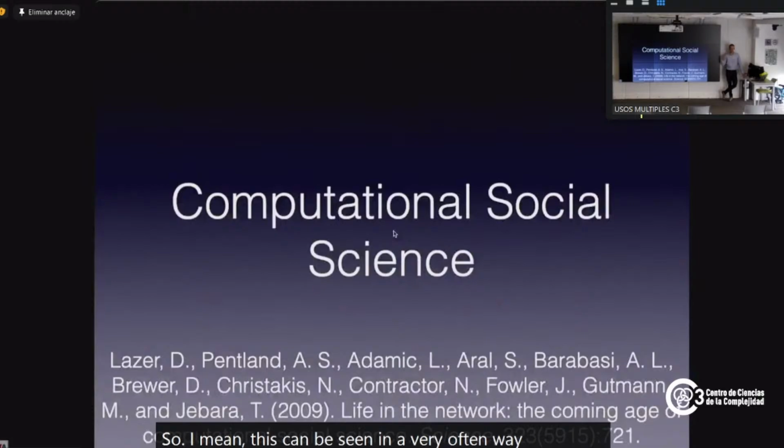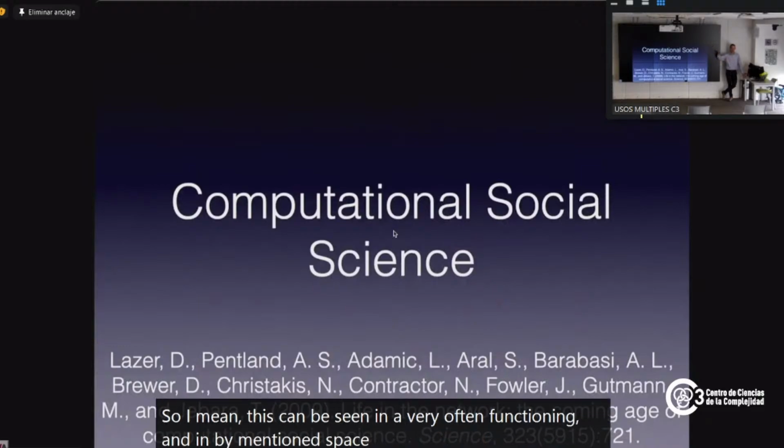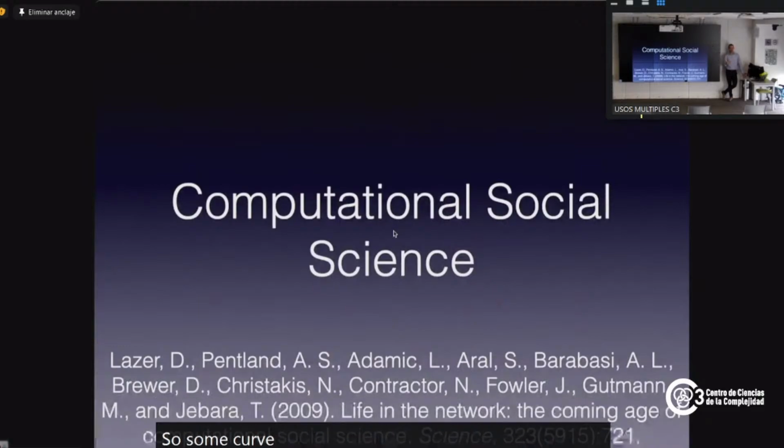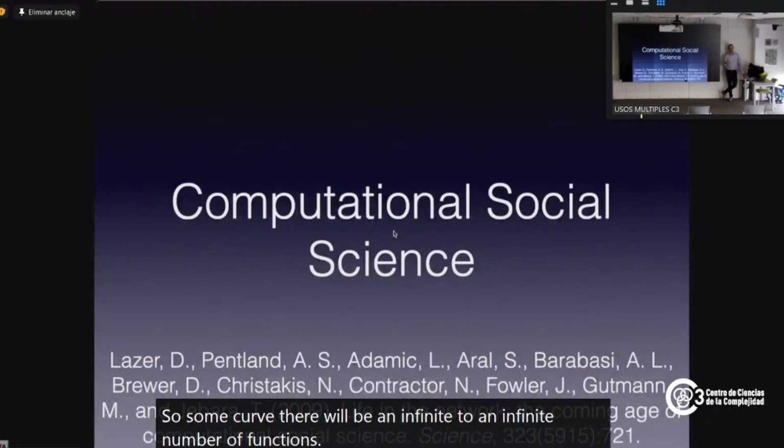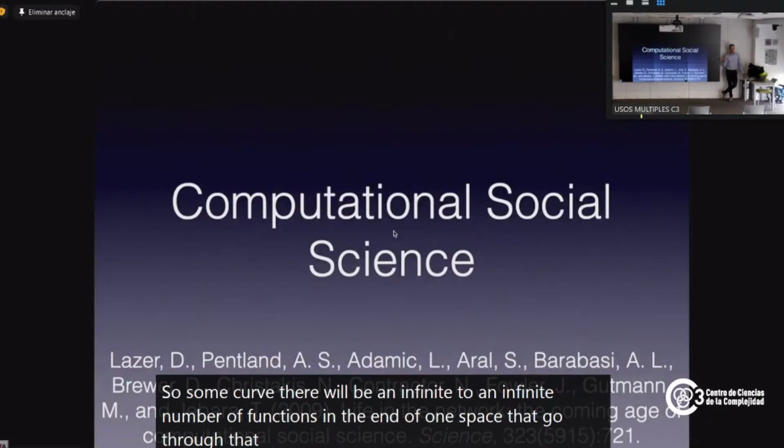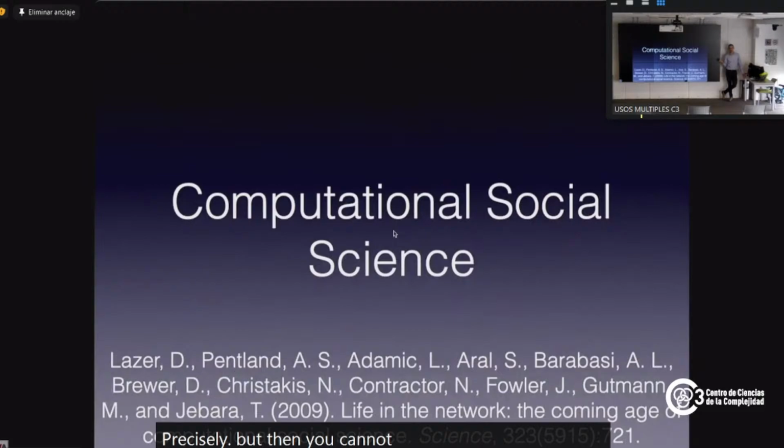Imagine you have a function in an n-dimensional space, so some curve. There will be an infinite number of functions in an n+1 space that go through that function on an n space precisely. But then you cannot tell which one is the real one.